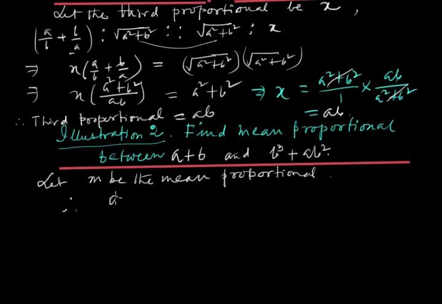Therefore, a plus b is to x is equal to x is to b cube plus ab square.